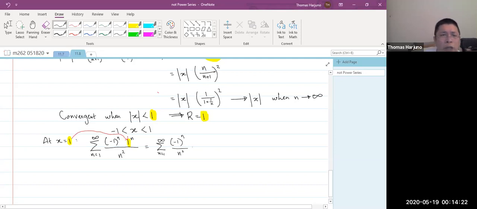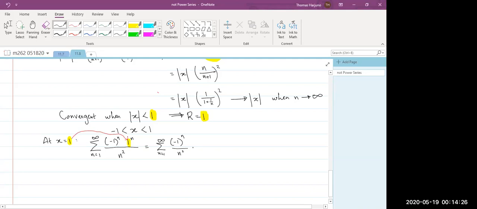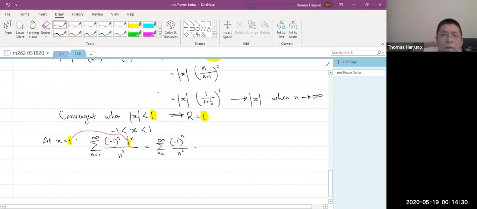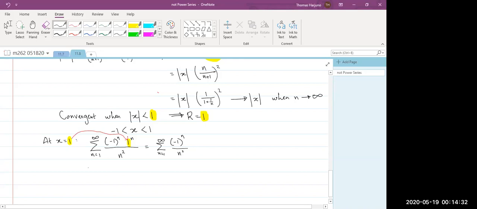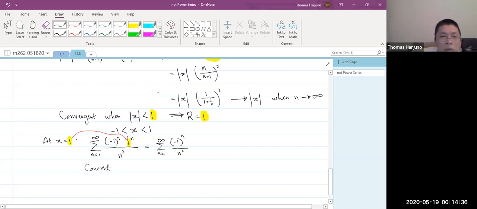How do we show that this is convergent? You can take the absolute value. P series. So consider the sum of the absolute value.